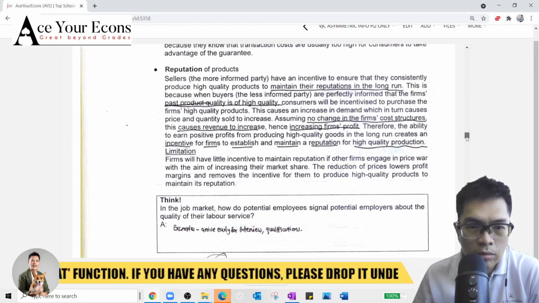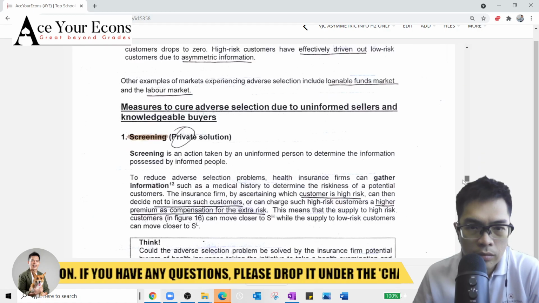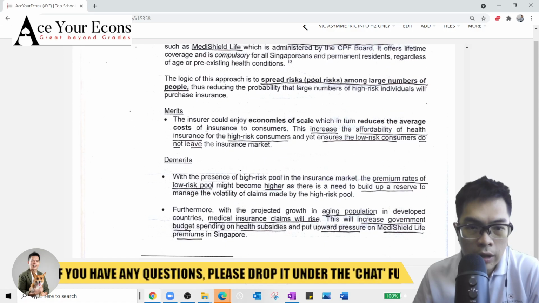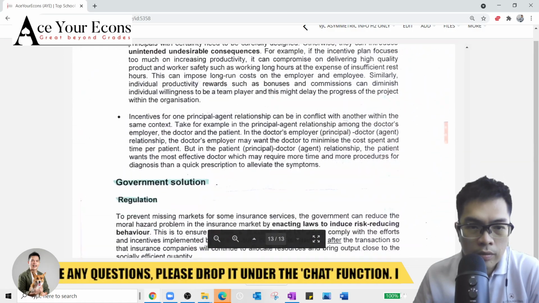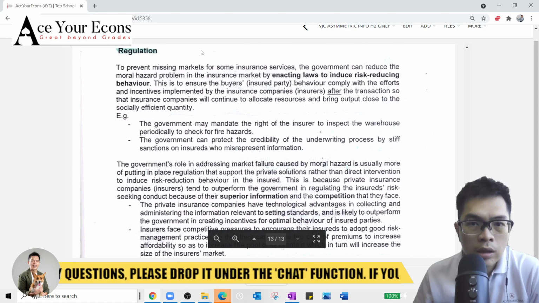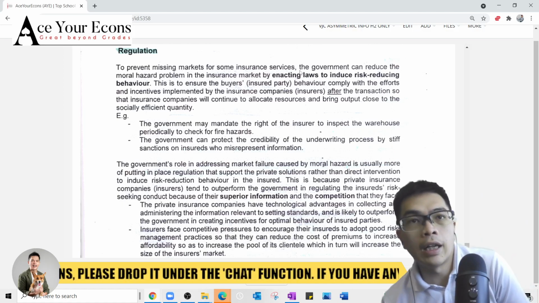I can go all the way down and see here. This is to address moral hazard. So you realize that the example that I used just now was a fire in a warehouse.